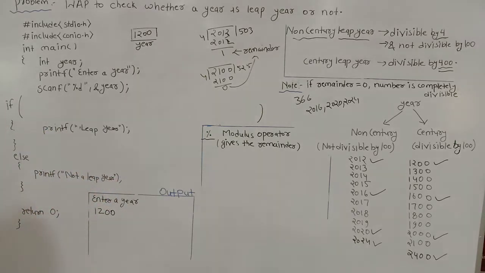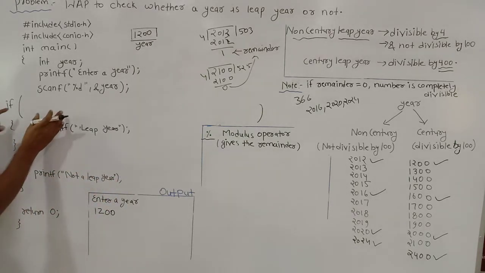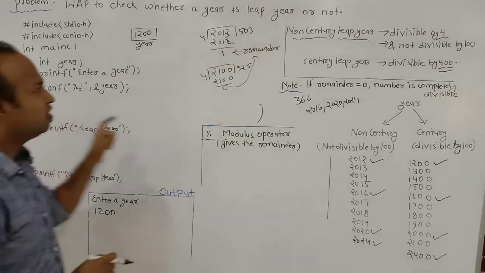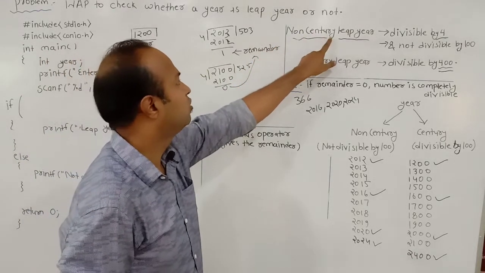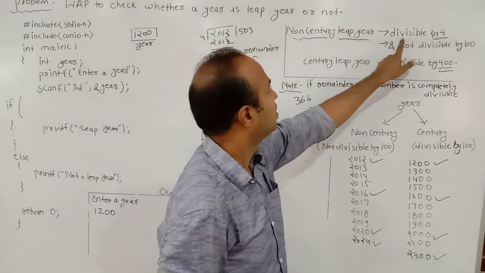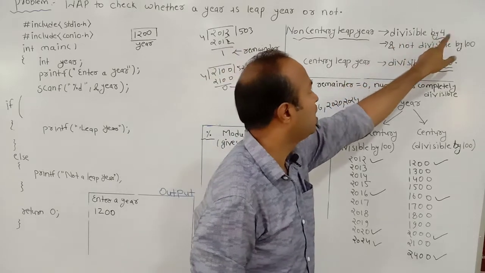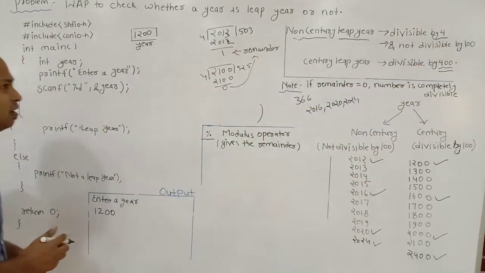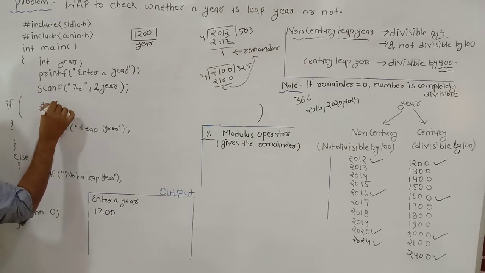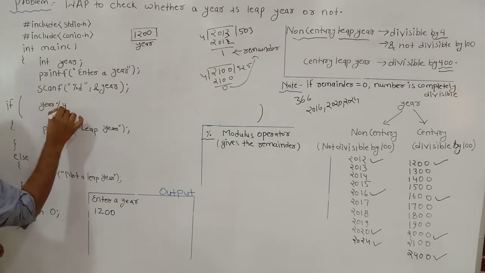Okay. So in this way we can write a program, and within the if we will write the condition. What condition will we write? We will write the condition for both non-century leap year and century leap year. Our first condition is that the leap year is divisible by 4. So how can we write it? year % 4.